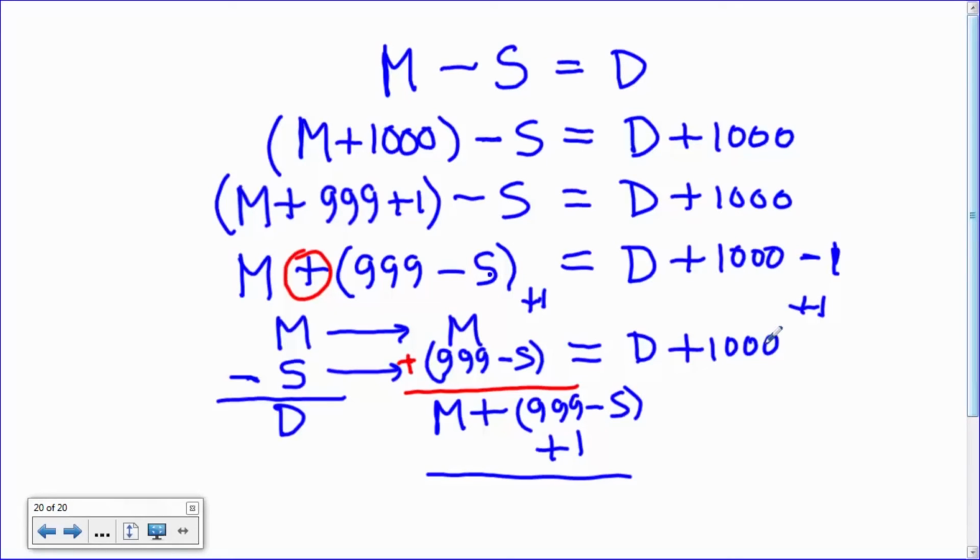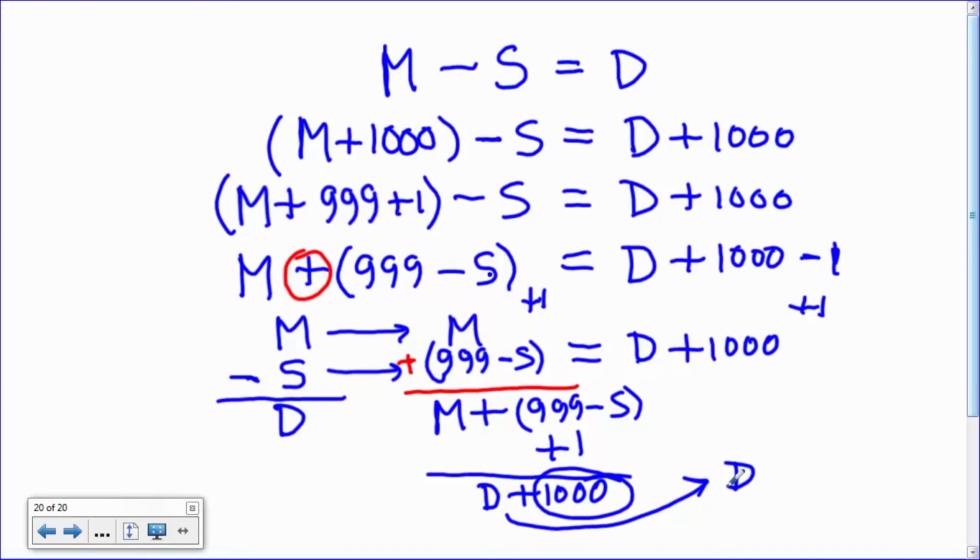Which means when I add this together, what I'm getting is the true difference plus 1,000, which means I have to get rid of that leading digit to get me right back to the original difference. So that's why I remove that leading 1 that's sitting out there. I'm getting rid of it.